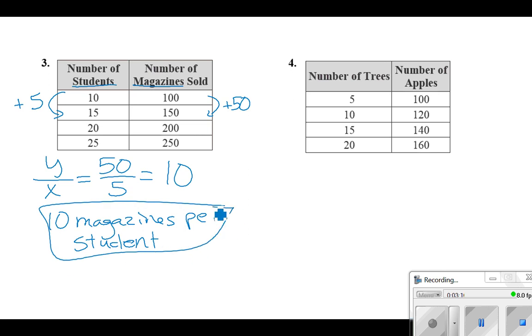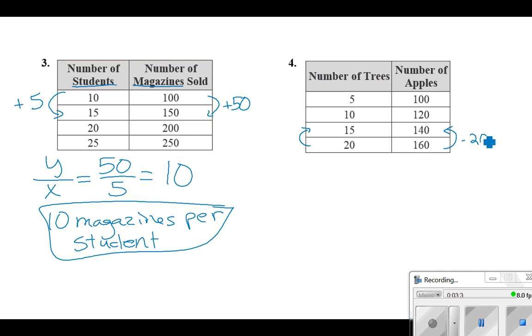Question 4, the number of trees and the number of apples. I'm going to choose to go this direction, starting at the bottom of the table, because it doesn't matter where you go on the table as long as you do the same direction with the same location. So from 160 to 140, that is subtracting 20.